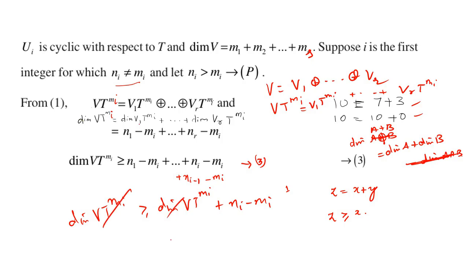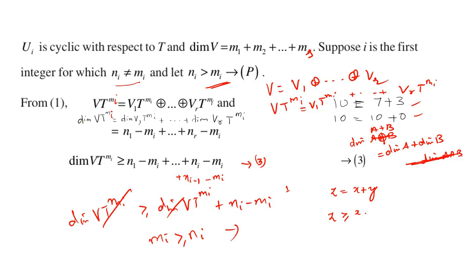And these two will get cancelled, giving mi greater than or equal to ni. But that's a contradiction to statement P, because in statement P, this is what we have. So our assumption that ni greater than mi cannot be right, and in the same way mi cannot be greater than ni. So there is no other way, ni should be equal to mi. So that is how the proof concludes.